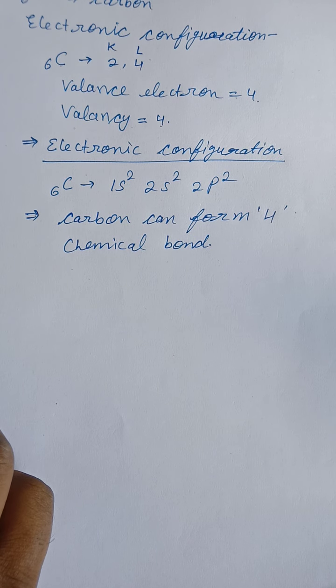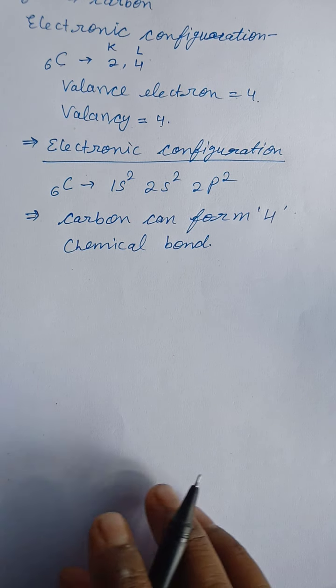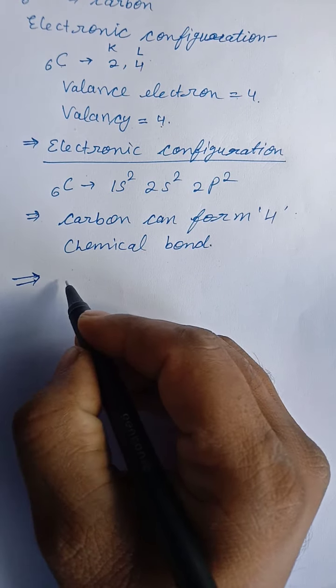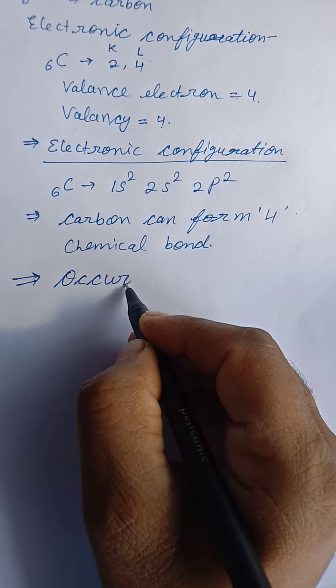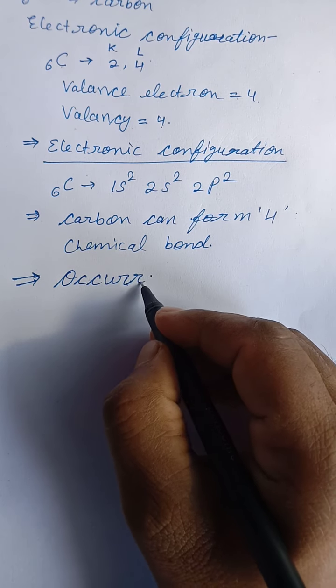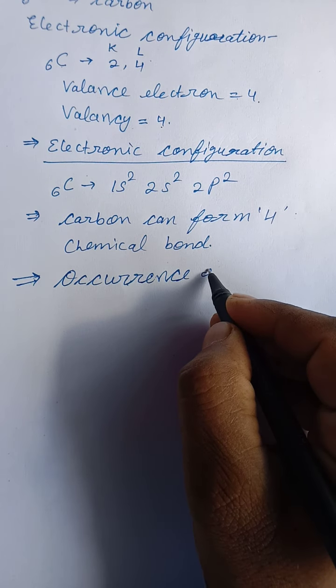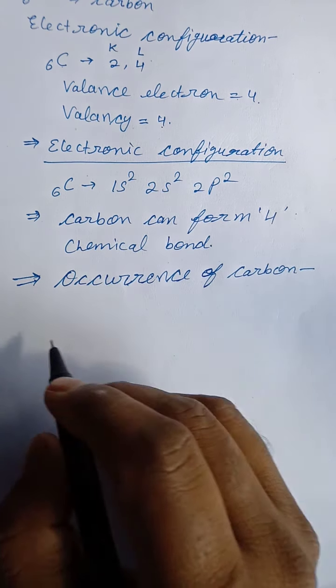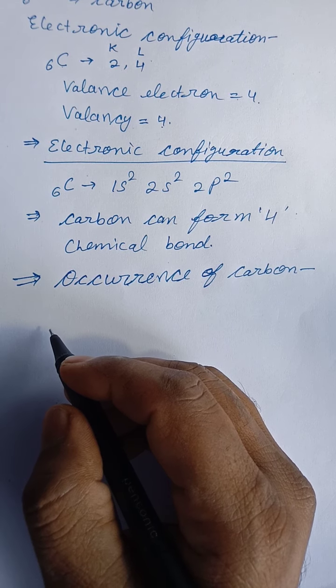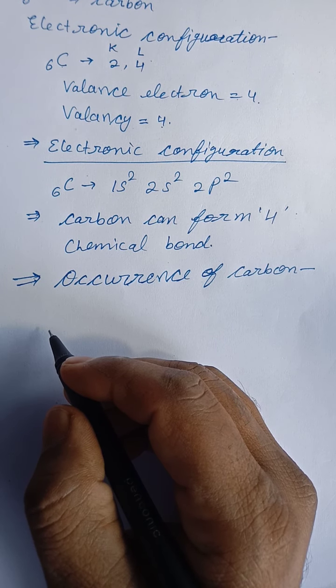Now, the occurrence of carbon. Carbon occurs in the free state and the combined state both.